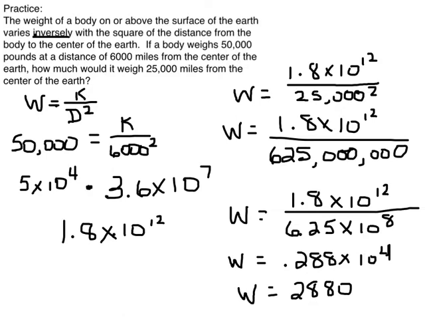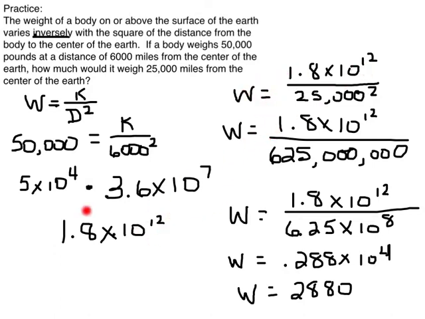So I've done all that, and we'll talk through it. So 50,000 is 5 times 10 to the 4th. 6,000 squared is 36 million, which breaks down to 3.6 times 10 to the 7th, which would be 18 times 10 to the 11th, or 1.8 times 10 to the 12th.